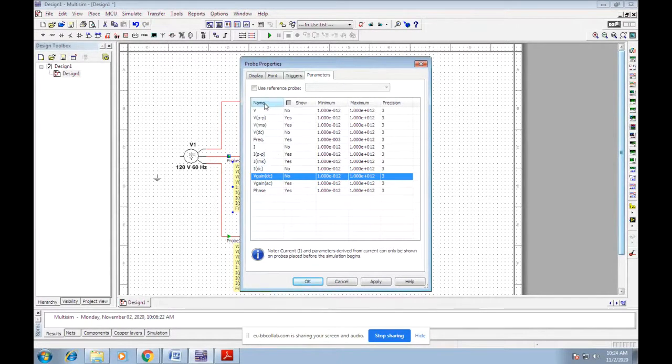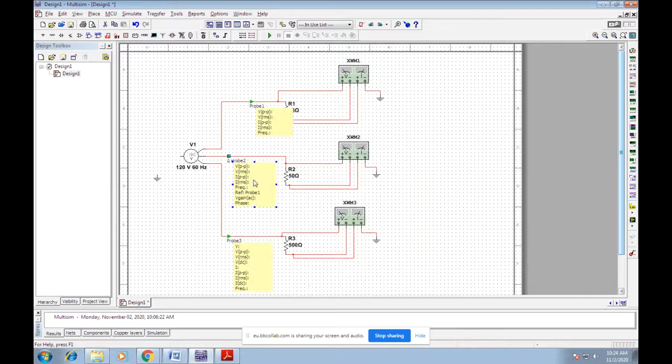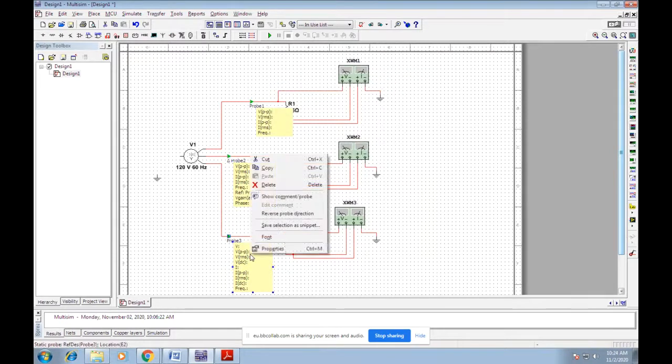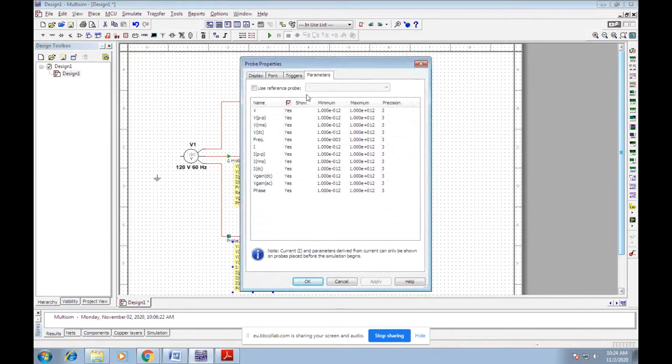Okay, on the top you can see use reference probe. So you have to check this and select probe 1 as a reference, then apply. Okay, you can observe it is the same. Similarly, for this, right click properties, select the same as probe 2. Use reference probe as probe 1.